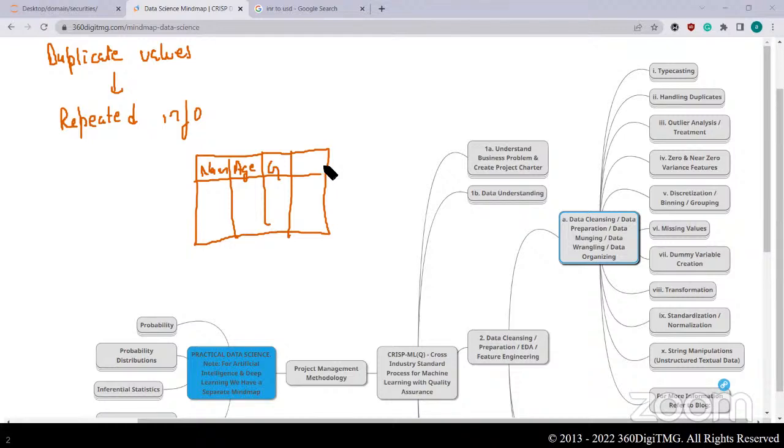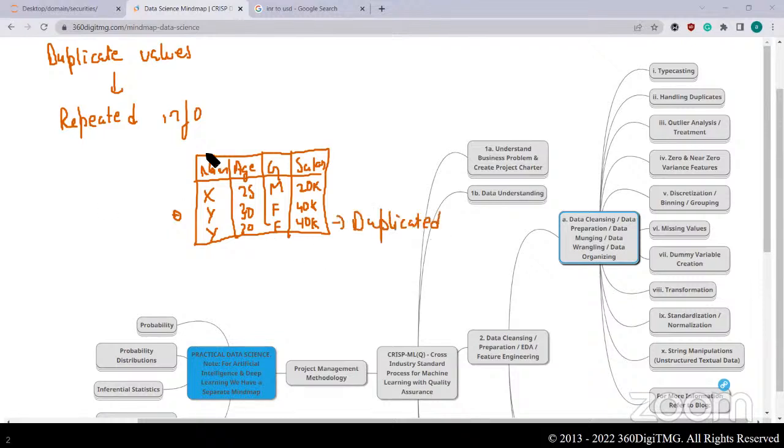Name is X, age is 25, gender is male, salary is 20K. Then you have Y, age is 30, gender is female, salary is 40K. Then again you have Y, age is 30, gender is female, and salary is 40K. So when you have a situation like this, the value is duplicated.